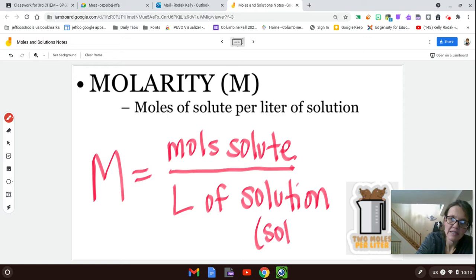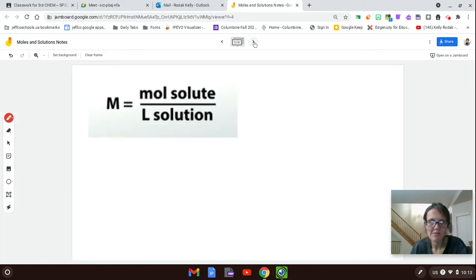I write solution like in shorthand like that, so you'll kind of know where that's coming from. So molarity is equal to the moles of solute per liters of solution. Now that's kind of wordy, right? We don't necessarily want to write that down all the way every time we're going to solve these problems. So I'm going to show you how we can represent it in a much faster shorthand version. So again, remember that molarity is equal to the moles of solute per liter of solution.